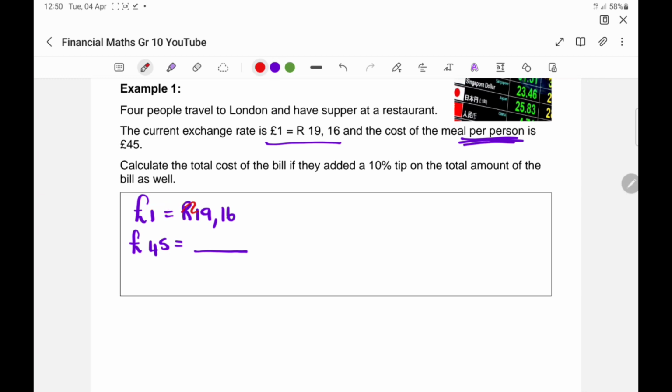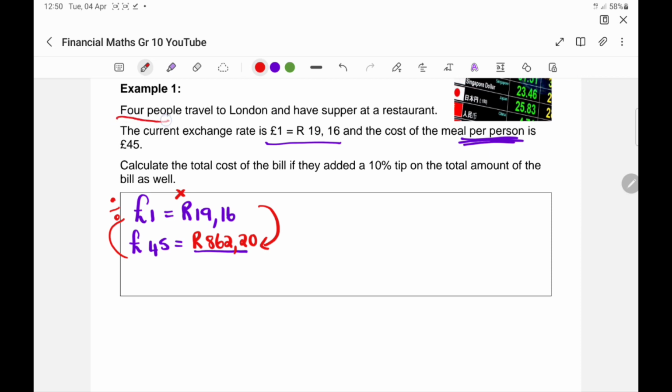I write down what I have, and what I want underneath: the rands under the rands, the pounds under the pounds. Then you start at the bottom and you divide up, times down. You see that a meal is 862 Rand 20 cents per person.